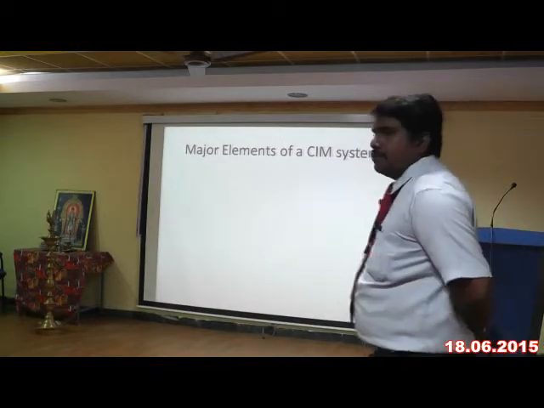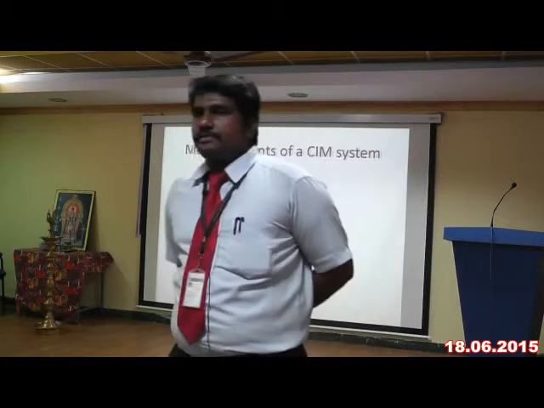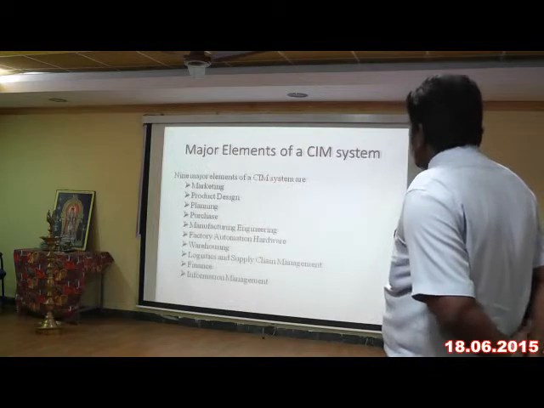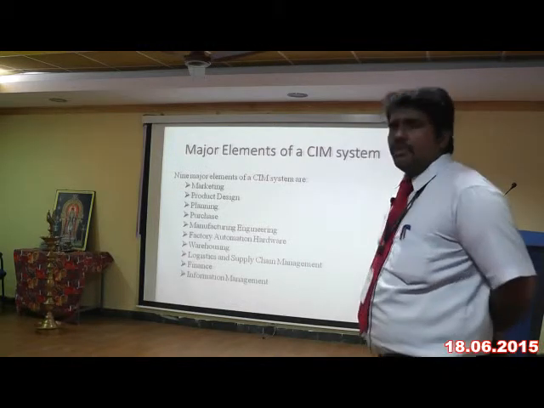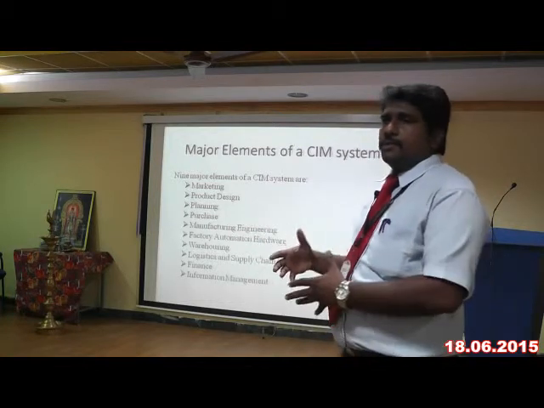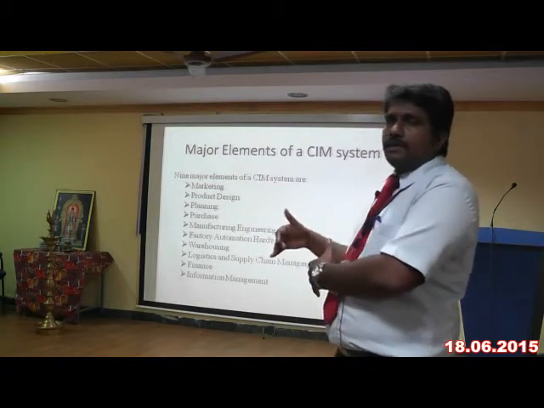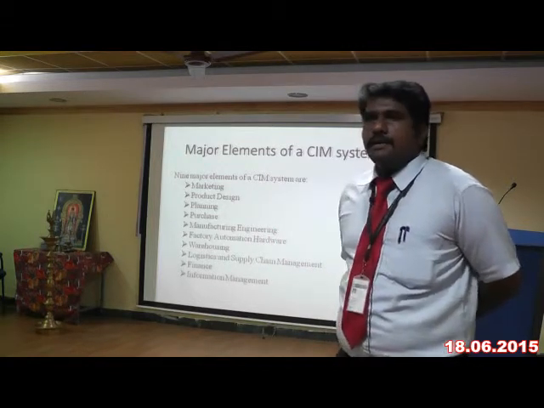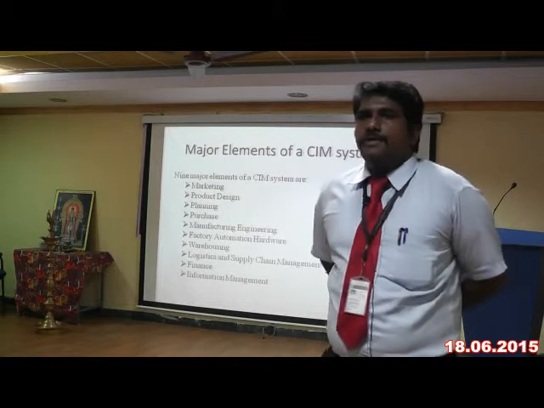These are the major elements of a SIM system. We have 9 major elements, and the first one is marketing. Whatever product you manufacture, if you keep it in the store or the warehouse, there is no use. For each day, if the interest is calculated, the company's profit will be reduced.